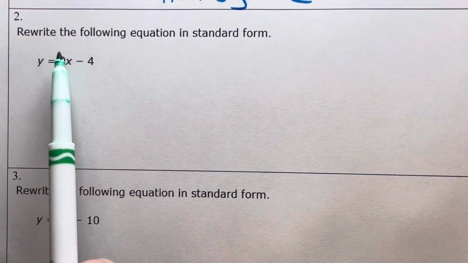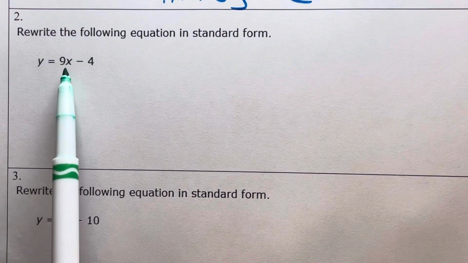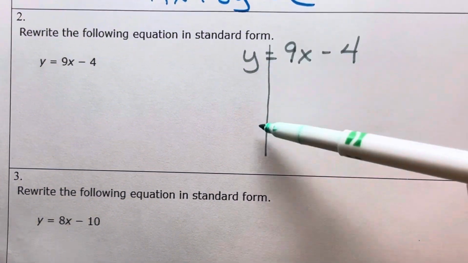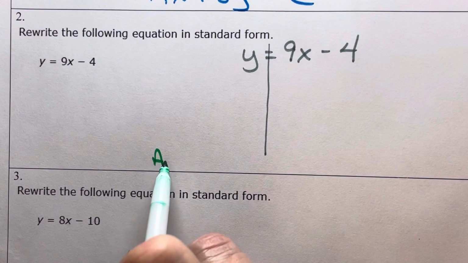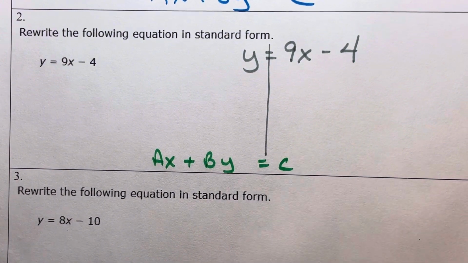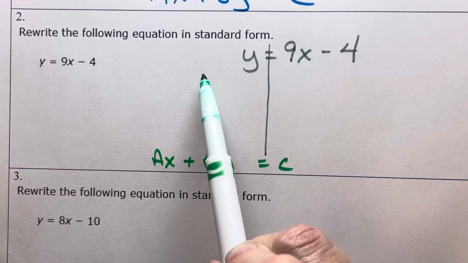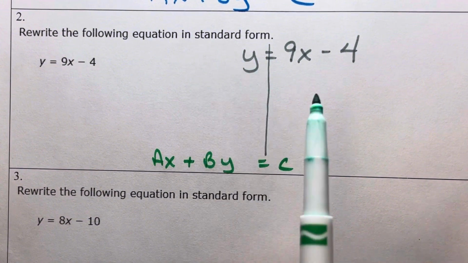Example 2. Rewrite the following equation in standard form where y equals 9x minus 4. Since the river is drawn, let's begin our process of making this equation in standard form of ax plus by equals c. All right, so our x term needs to move across the river to the side of the equation with our y.